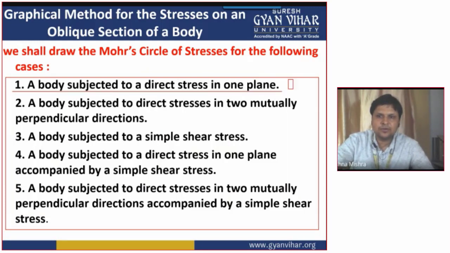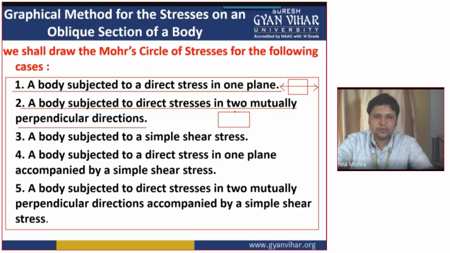As I have told you, this is the case of uniaxial loading, in which you have stress only in one direction. The second case is a body subjected to direct stress in two mutually perpendicular directions. So in the second case, you will have loading along two directions, one along the x direction and the other along the y direction. This is biaxial loading.